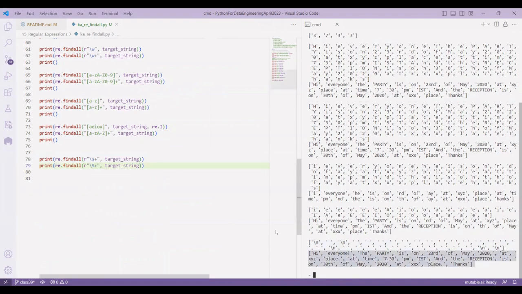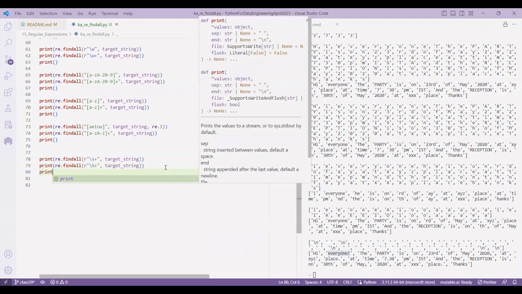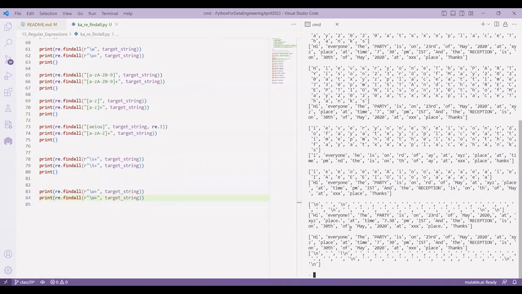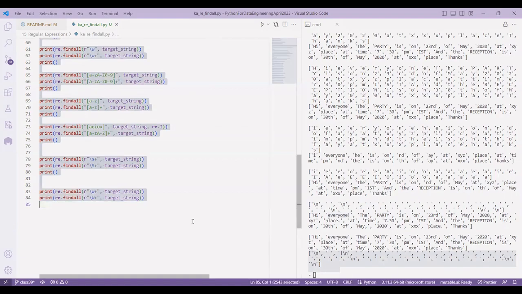Or if I go for the words, the combination of words which we saw at the top, let me take in the same line slash w and slash capital W. So the first one is the presence of words, and the second one is the absence of words. Like that we can do anything whichever we need. All the patterns can be done.